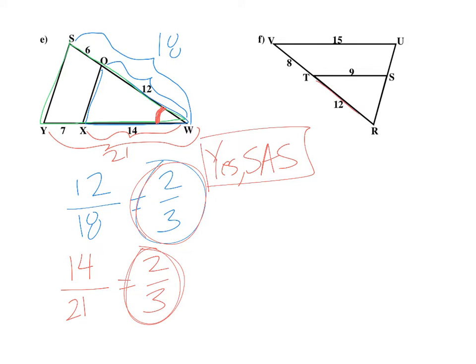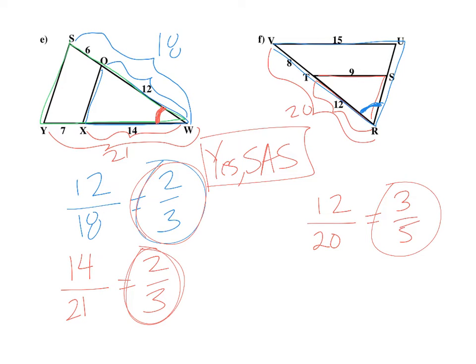Done. All right, for part F, let's see once again. I have this small triangle here, and I have this big triangle here, and they both share this angle here in common, R. Now let's set up some ratios. I have this side to the small triangle over this side for the big triangle, which is 20. And that reduces to what? 6/10 or 3/5.